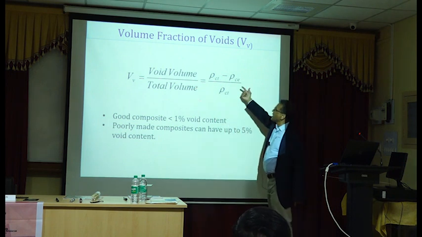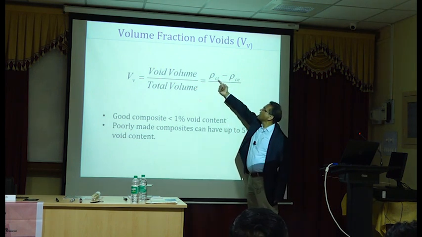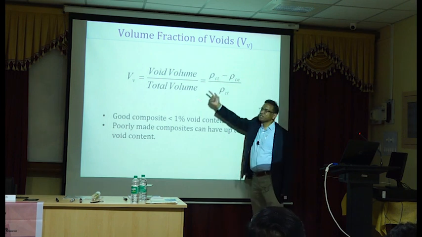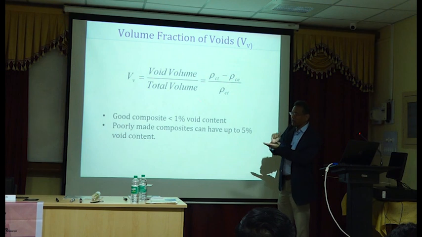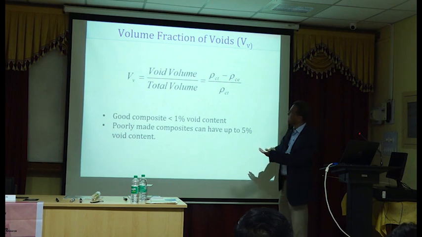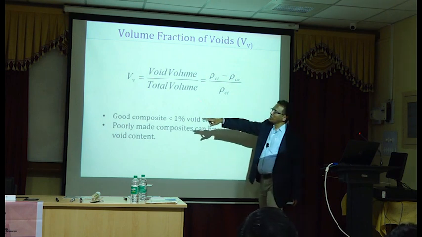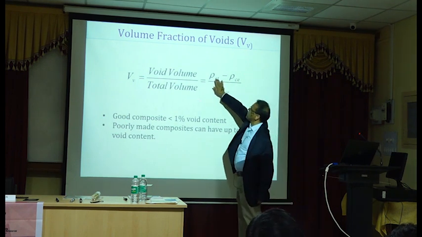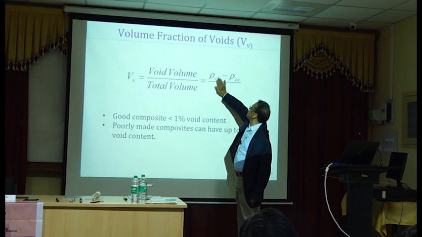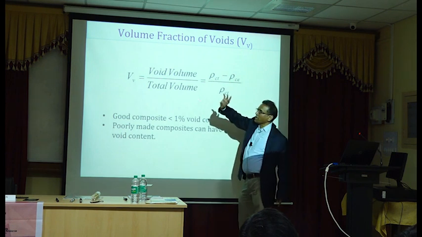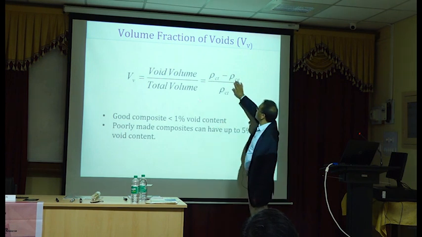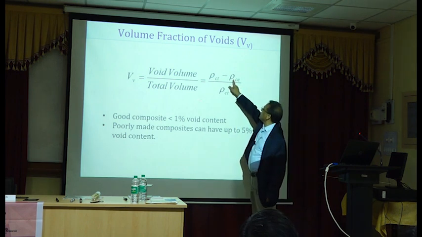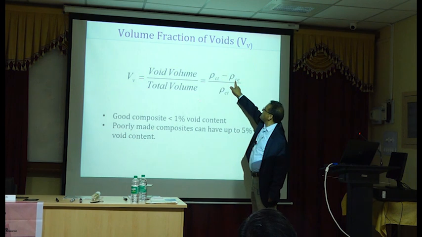So that can be found by finding out rho sub ct. T stands for theoretical. If you are calculating the rho sub c based on the 2 equations we already talked about, that's your theory. From theory, that's what you get. And if you do an ASTM standard test to find out the actual density of the composite, that would be your rho sub ce.